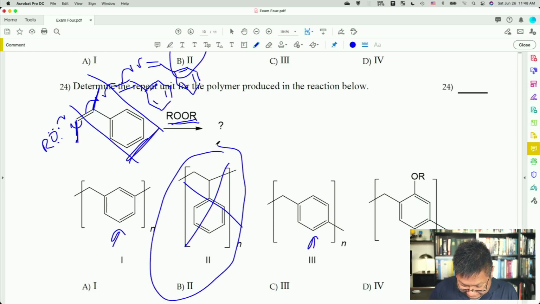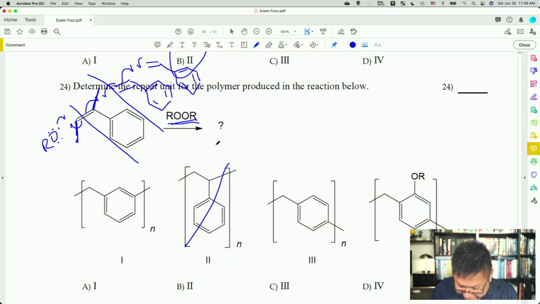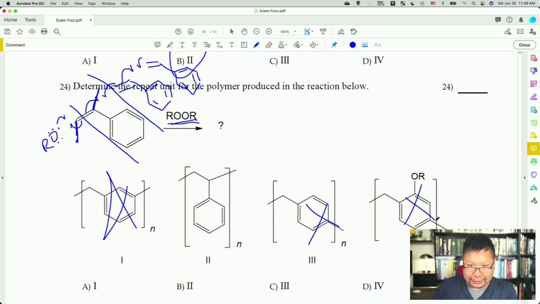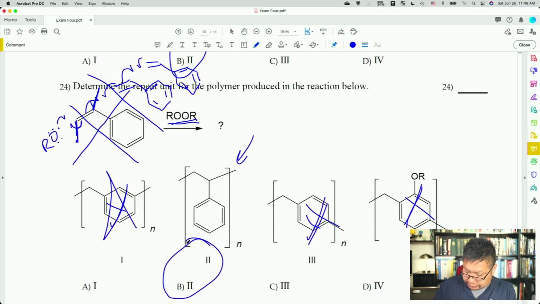The benzene ring is literally a side chain, not even involved in the propagation of the radical reaction. So none of those are correct. This one right here is the only one that matches up with what you get as the chain propagating, when you lose this double bond through radical propagation and initiation, to make single bonds on that side and single bonds on this side. So the answer here is definitely 2, or B.